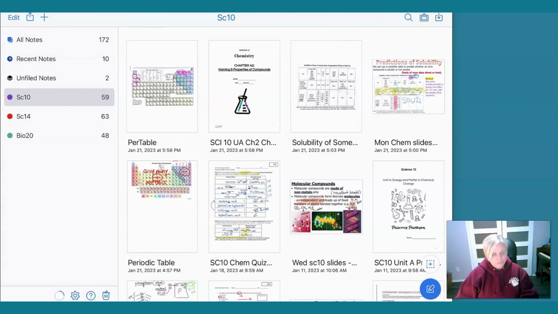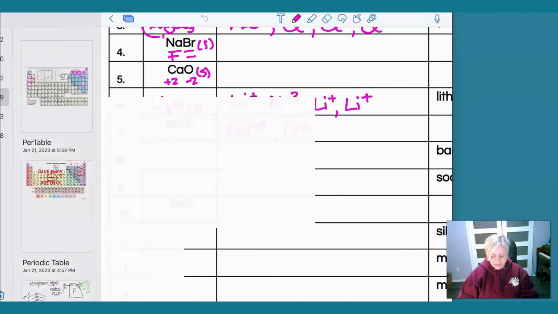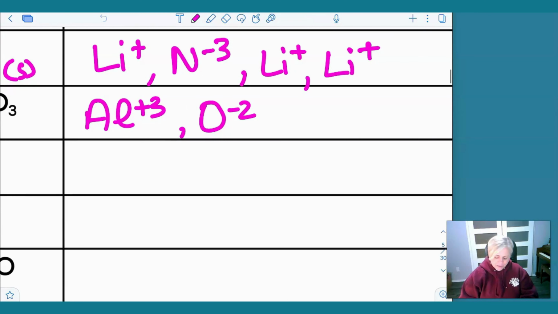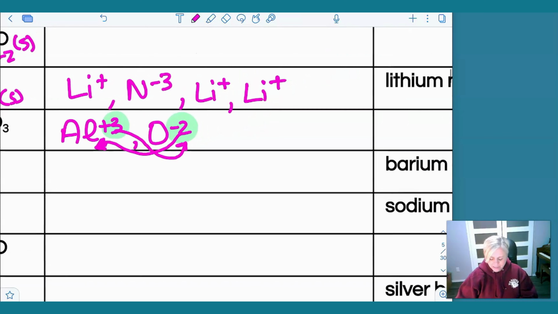Now, one of the ways that you can balance them is you can do that kind of little switcheroo method, which is like a little shortcut, where I would take this number 2 and I would put it behind the aluminum symbol. And I would take the 3 and I would put it behind the oxygen symbol, so that I end up getting something like this.